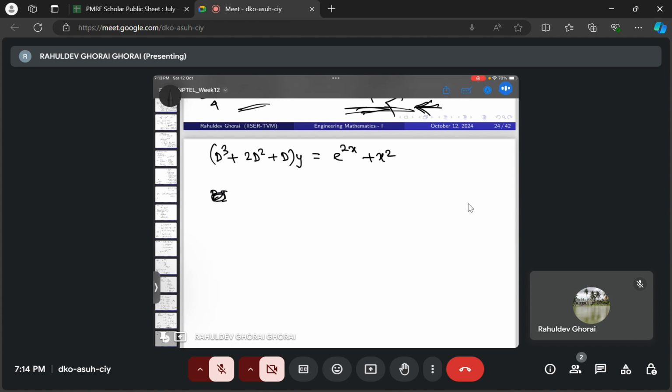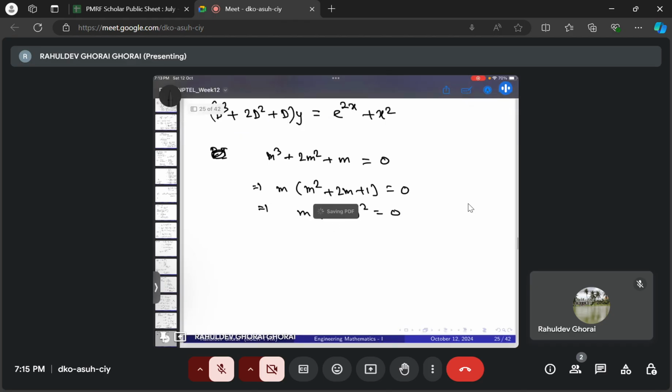Then what you have to do is m cube plus 2m square plus m is equal to 0. No other coefficients are there, right? So that implies m times m square plus 2m plus 1 is equal to 0. That implies m times m plus 1 whole square is equal to 0.